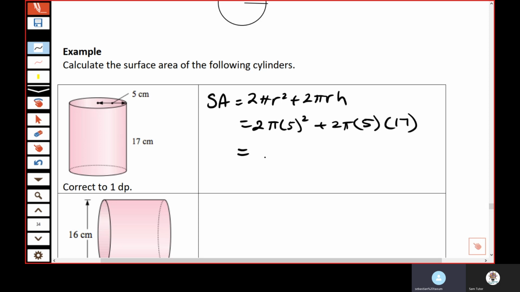The answer is 691.2. What did you get? 691.2. 691.2 is correct.